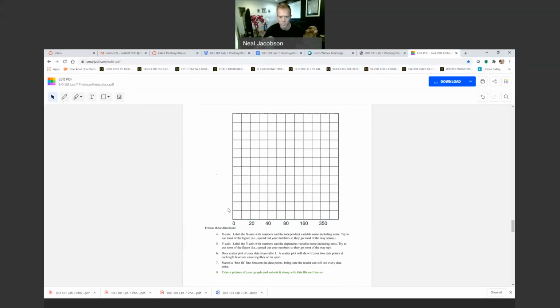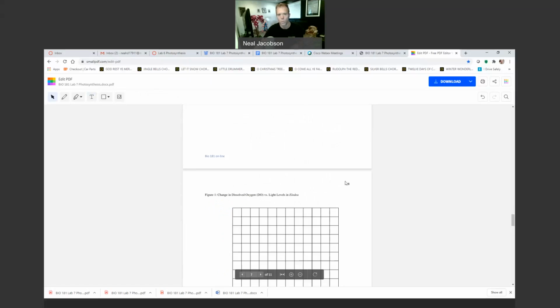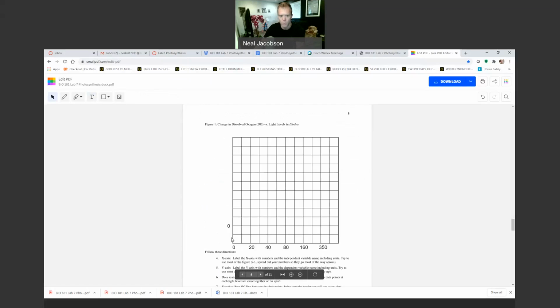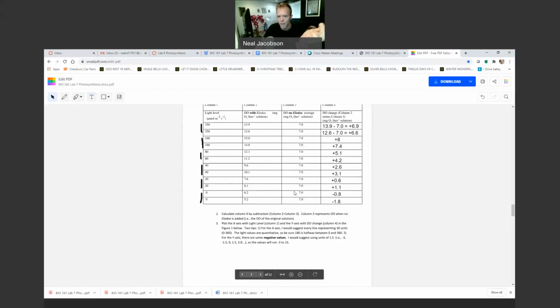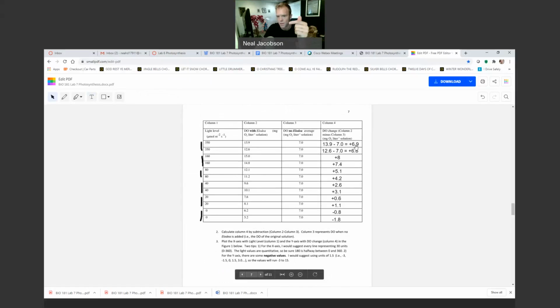And then the y-axis is going to be numbers. So that's going to be the change in dissolved oxygen content. Now, let me give you guys a hint here. Set your 0 to be right here, because if you remember, one of our measurements was negative, and so we have to be able to represent a negative change in dissolved oxygen. Now what we can do to figure out what our spread should be on our y-axis points: it's going to go all the way up to, it looks like 8, and then all the way down to negative 0.2.